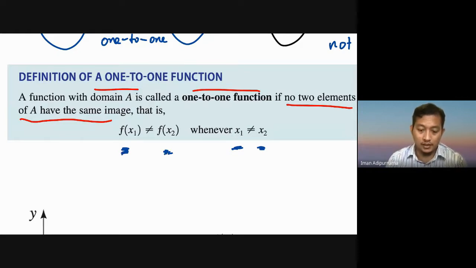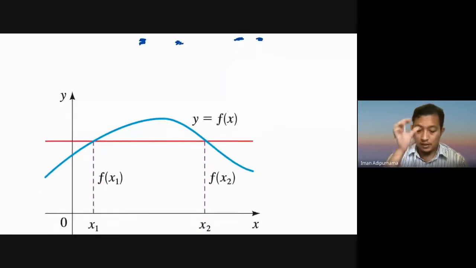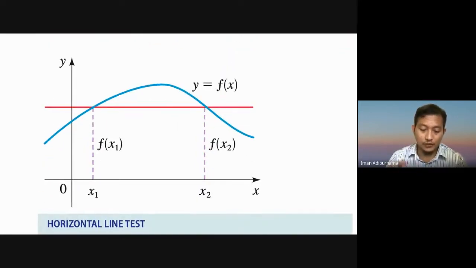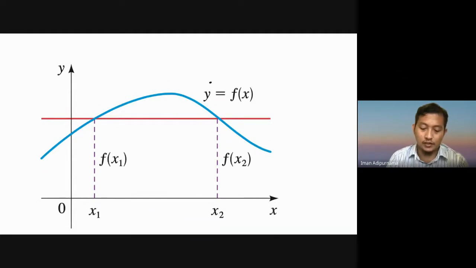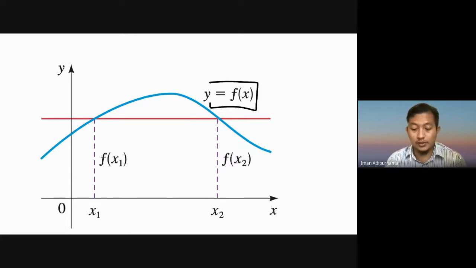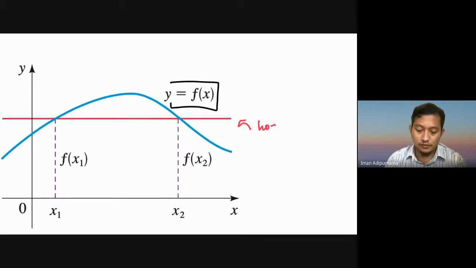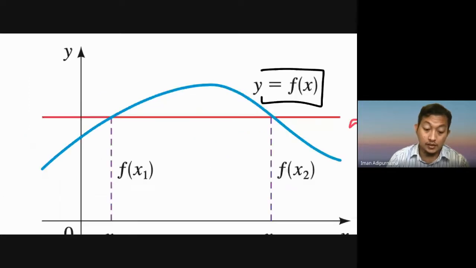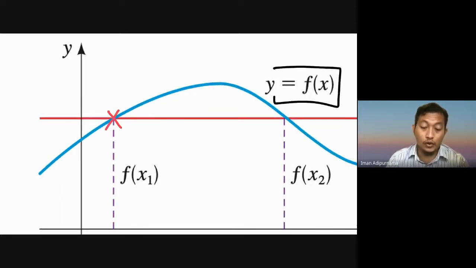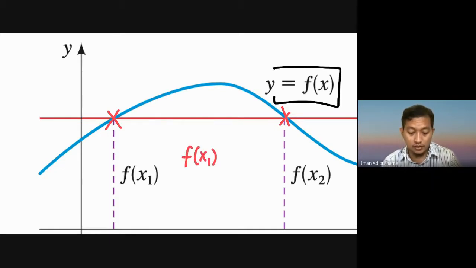Or I think the visual is useful here. If you have a function here, f of x, and you draw a horizontal line, and it's crossing more than one point, so it has two, so this is f of x1 and this is f of x2, which means this result is the same.